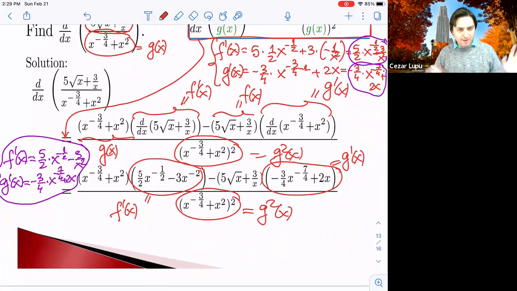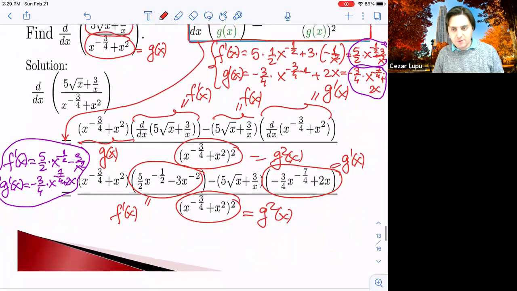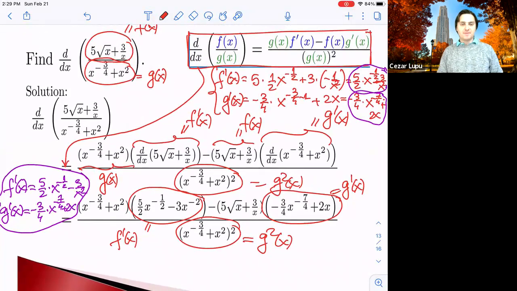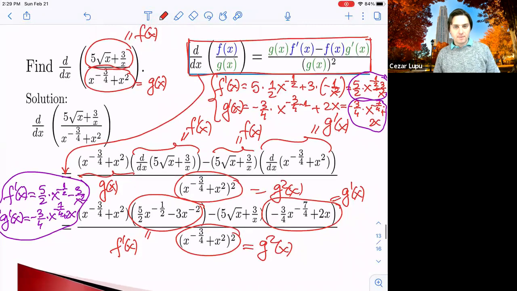You can leave it like this. It's fine. So that's the derivative. Pretty messy, but this is how you use first the quotient rule, and then you apply the power rule on both the top and the bottom, right?